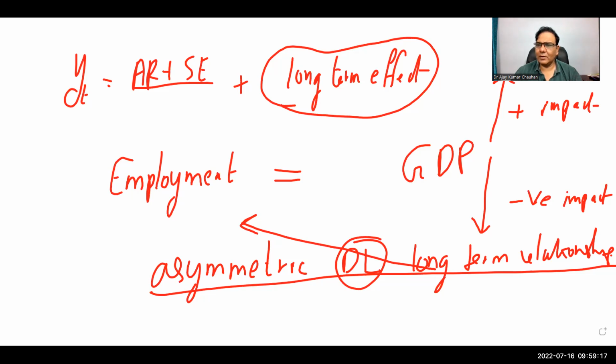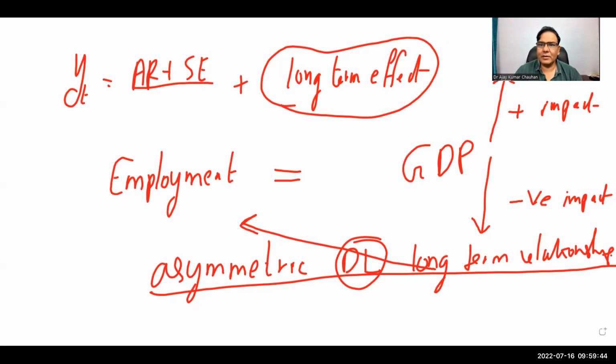So when you feel that maybe X is having the asymmetric effect on Y, then you can go for an NARDL model. And I believe that whenever you are applying ARDL model in the paper, always check whether the asymmetric effect is there or not. So this is the concept of NARDL model.